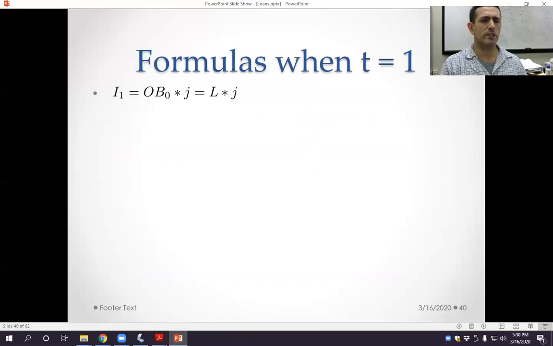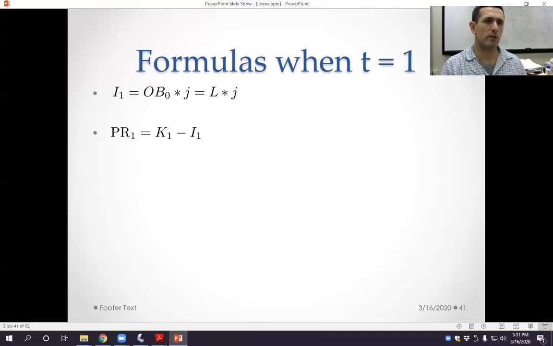Okay, so let's just think about what we did to get the formulas in our table. For the first year's interest, the value of the loan, L, accrues 1 period of interest. So it's L times J. J is a decimal, so it was 0.05 in the previous example.